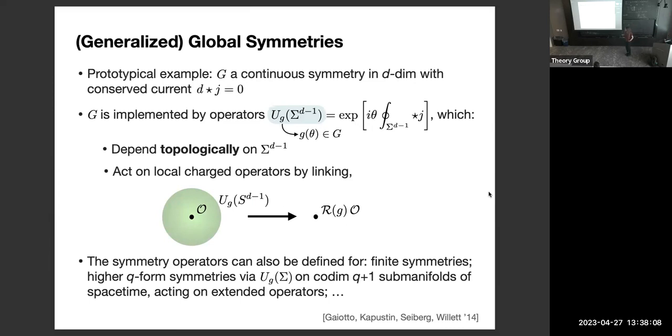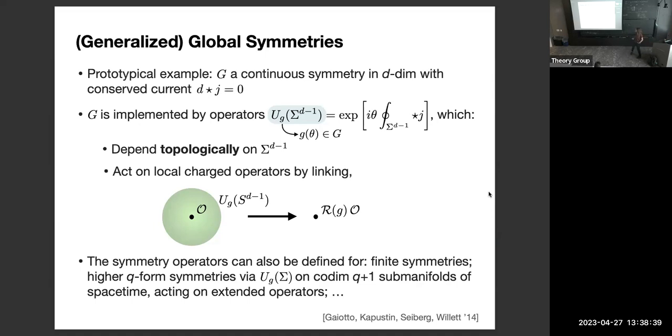In recent years, we've been thinking about a generalized notion of the traditional notion of global symmetries. The main crux of this line of thought is to think of global symmetries as being implemented by topological operators, and to understand how to think about all of the different aspects of the symmetry in the language of these operators.